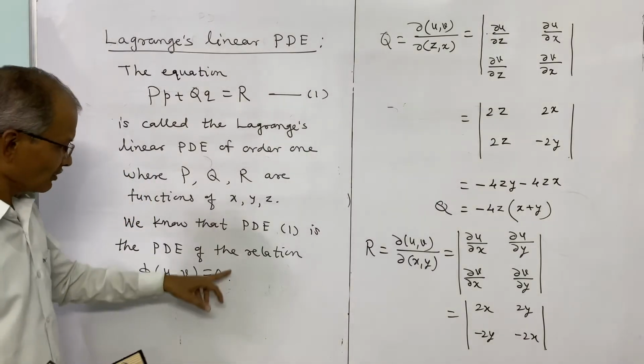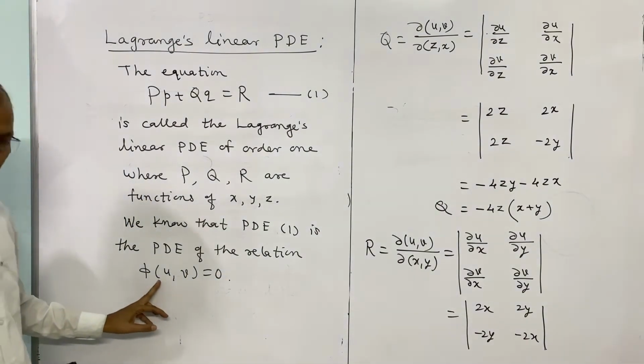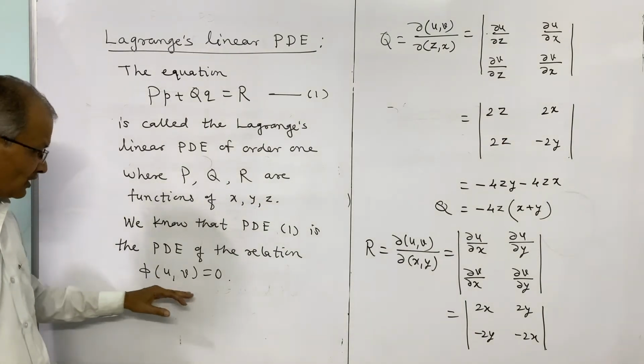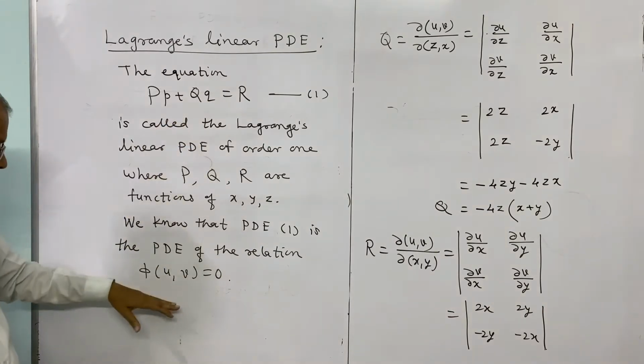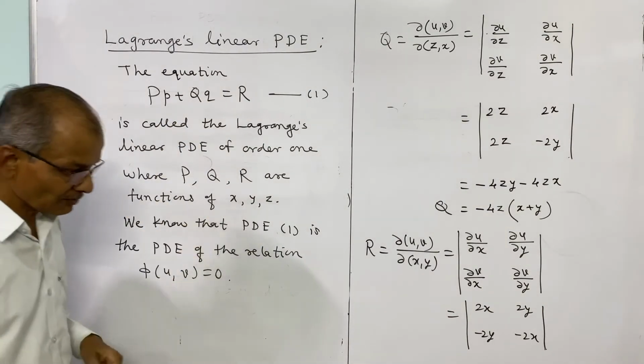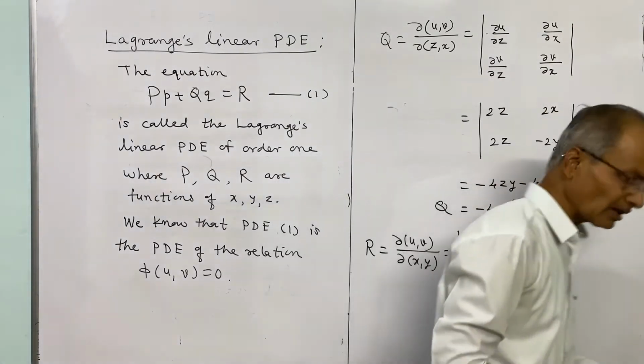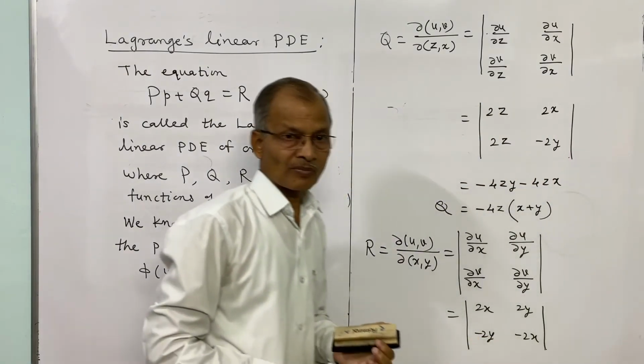So we have proved that elimination of the phi function from this relation gives this partial differential equation. So now what is the relation between the partial differential equation and its solution?